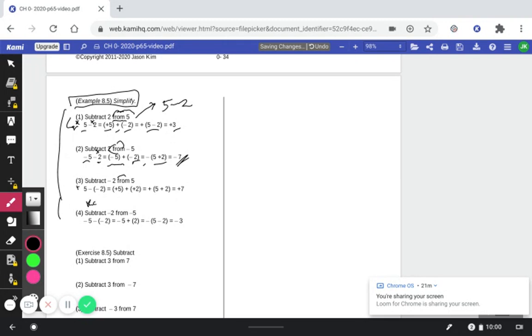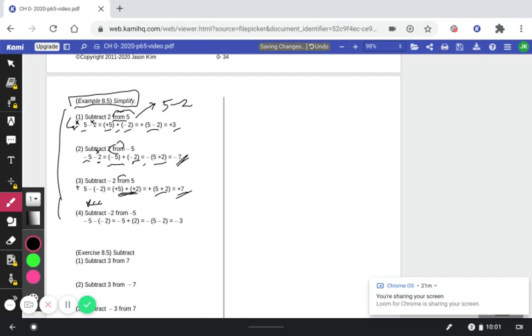So it becomes +5 plus +2. Now you have a same sign or a different sign? You have same sign, so you add 5 and 2, keep the sign of the bigger number, which is positive. Your final answer becomes +7. Anybody have any questions? Yeah, good, great. Nobody has any questions.